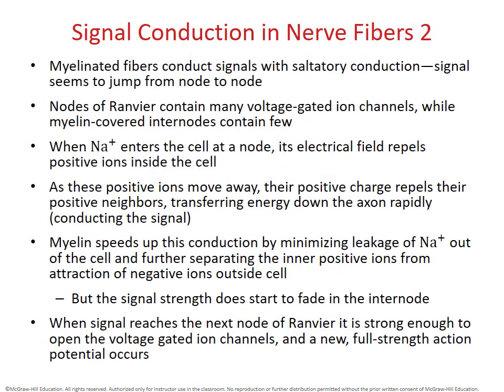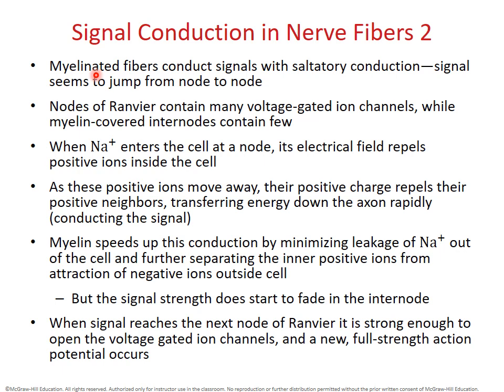Now, propagation of the action potential is a little bit different in myelinated axons, because remember, myelinated axons have a myelin sheath around them, and so over much of their length they are actually covered by many layers of Schwann cell or oligodendrocyte membrane, and that creates essentially an electrical insulation.